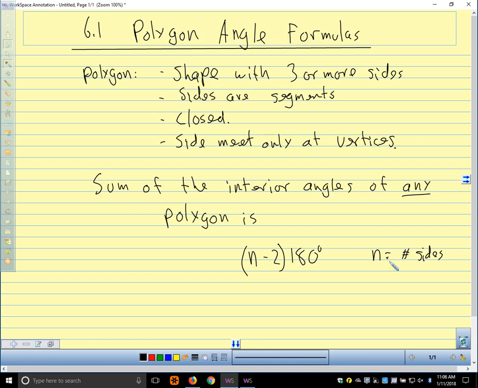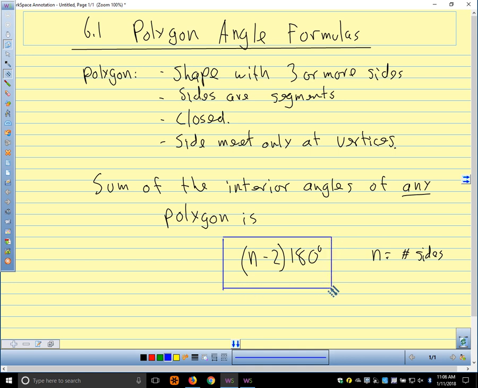And we went through this process of dividing the polygon into triangles, and that's where this 180 degrees comes from. We decided there were always 2 less triangles than how many sides we had, and that's how we came up with our formula. So that's our first big formula for chapter 6, this n minus 2 times 180.